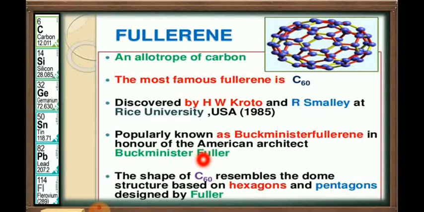In honor of this Buckminster Fuller, these are called Fullerenes, and they are even called buckyballs, because the shape of this C60 resembles the dome structures on hexagons and pentagons designed by Buckminster Fuller. The Fullerene structure looks like a soccer ball or football, though not as big as a football. They are very minute microscopic structures.